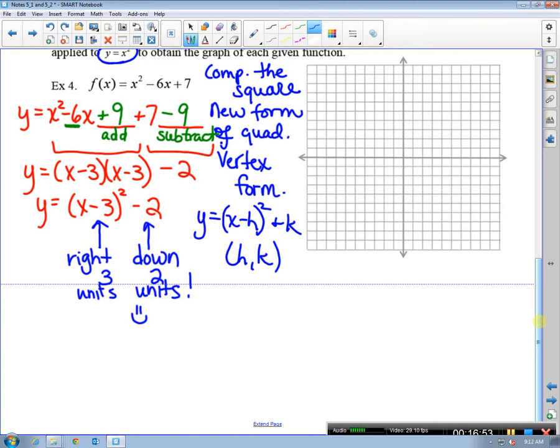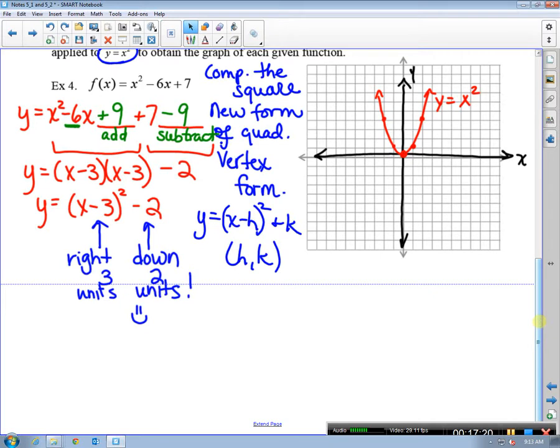So I know that based on an original parabola, never forget to label your axes. An original parabola, 1, 2, 3, 4. 1, 2, 3, 4. My axes are a little sloppy, I apologize.